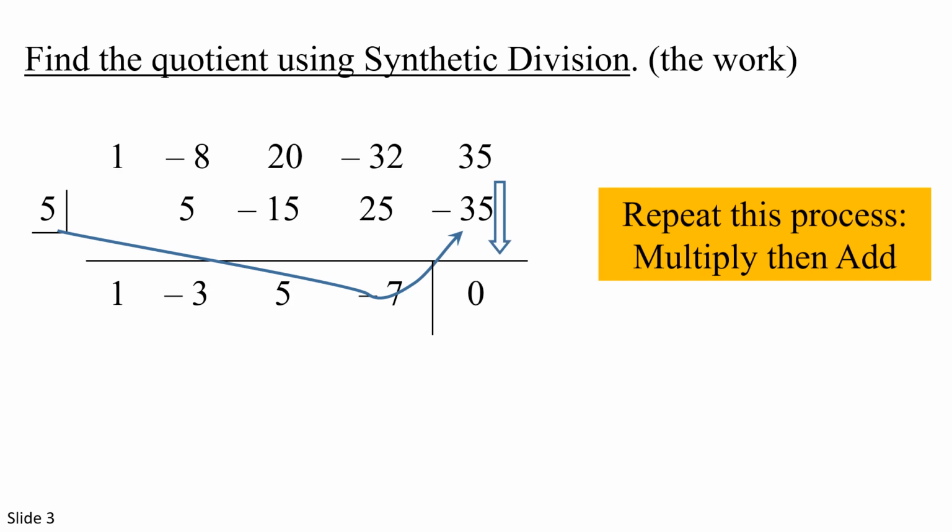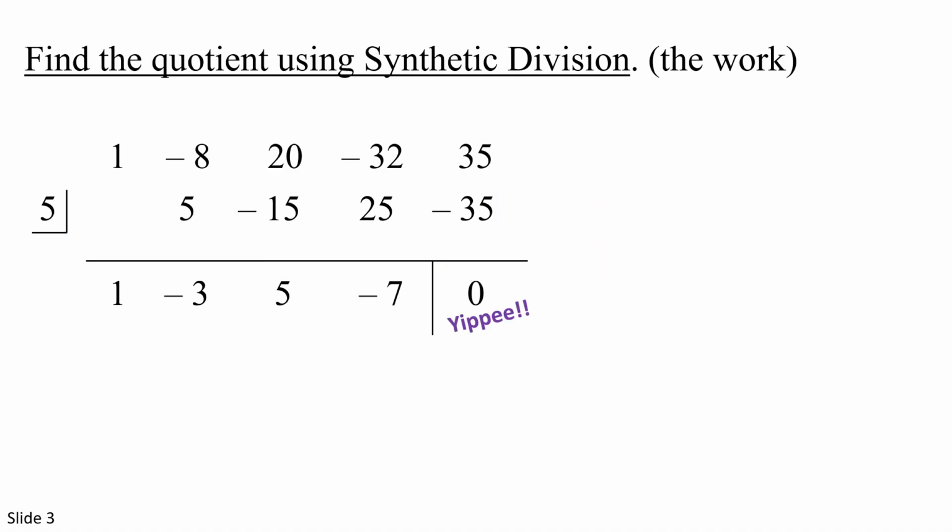And 5 times -7 is -35. We add, we get 0. And that's what we want. The 0 means no remainder, which means x minus 5 does divide into x to the fourth minus 8x cubed plus 20x squared minus 32x plus 35 evenly.